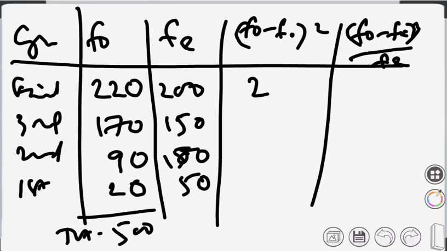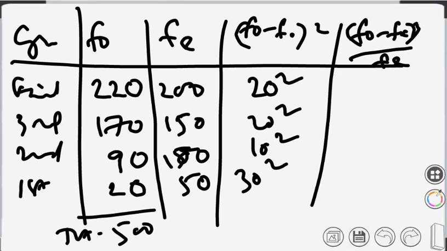And then calculate. So this is 20 square, this is also 20 square, this is 10 square, and this is 30 square. So chi square, here see Fe values are different.